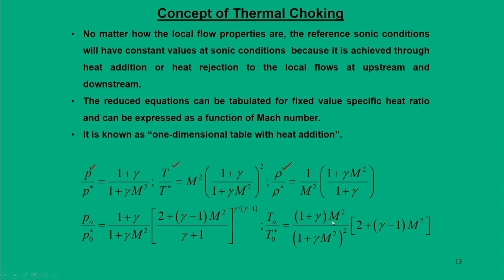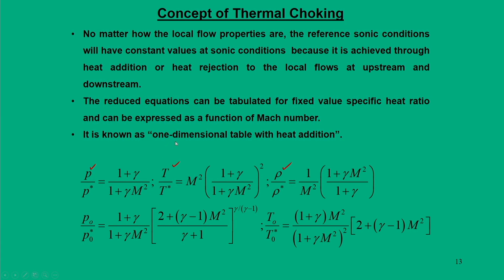So, this gives an indication that we can form a table just by changing the Mach number and finding these ratios with respect to the reference state, so that it will help us in simplifying our calculations.